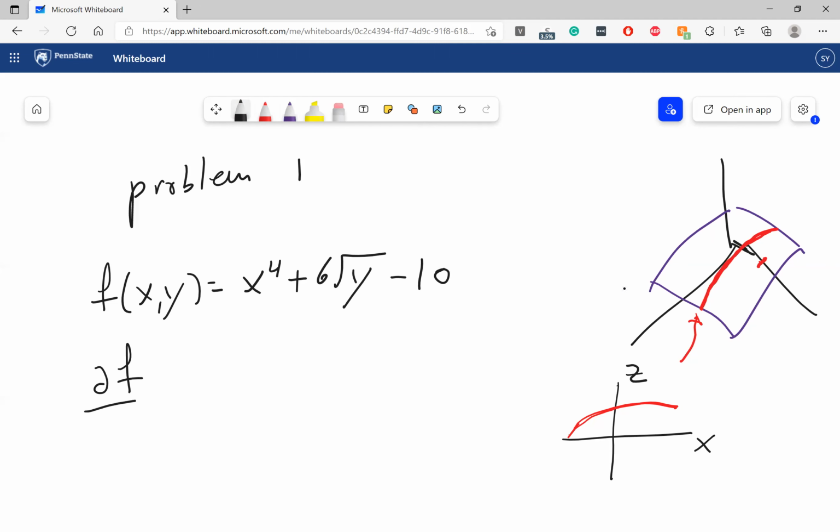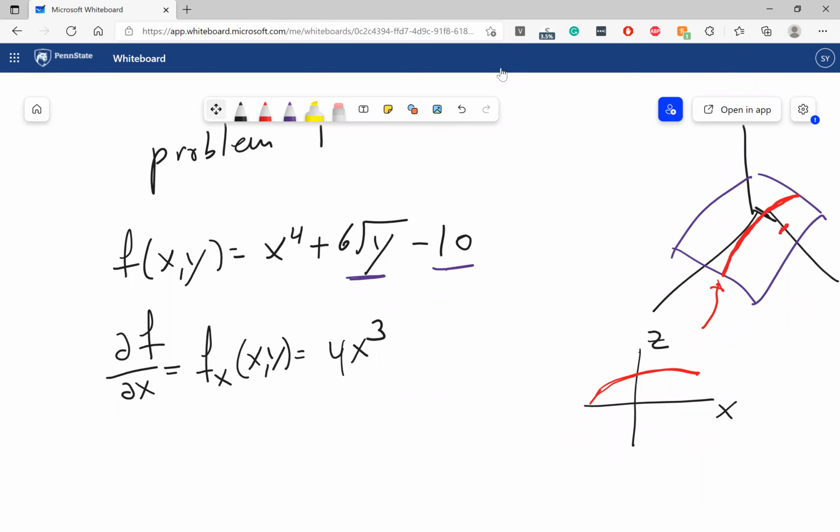So partial of f with respect to x over here, and we said another notation could be f subscript x of x y, is equal to 4x cubed, and then the y disappears because it's a constant, and the 10 disappears because it's also a constant.